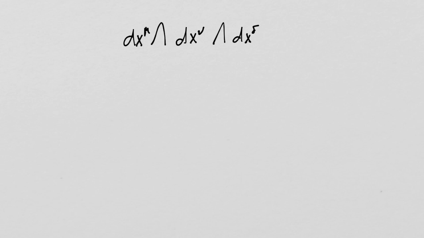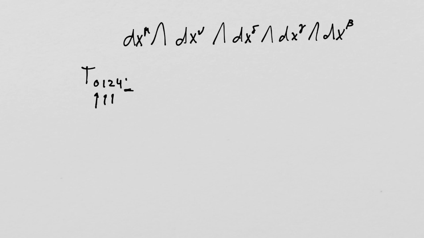However, I guess I should point out, if say we've gone all the way up to 4, dx mu, nu, delta, dx gamma. What if we add one more, dx beta, like that? Well, now we're going to be dealing with 1, 2, 3, 4, and I'm going to have to fill in this slot. I'm going to have to fill it in with one of these other numbers, like say 2.